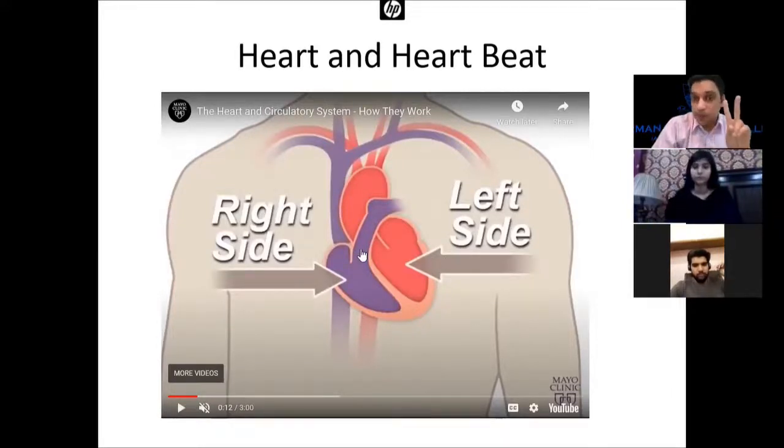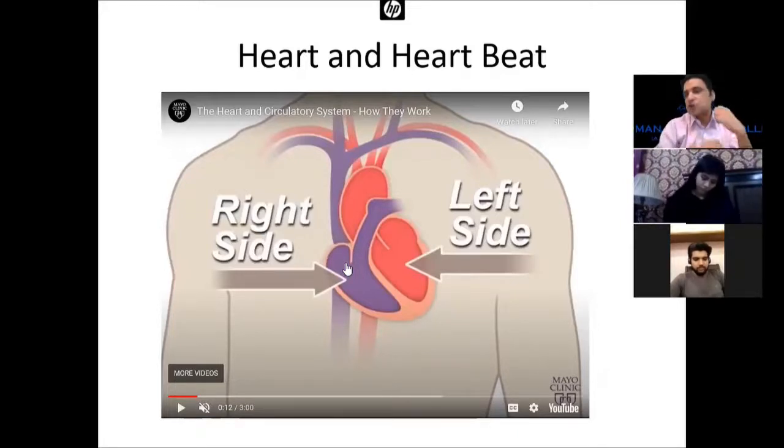They are two pumps which are working separately from each other. The right side pump is collecting and distributing the blue blood, the deoxygenated blood, the blood coming from all parts of the body. गंदा खून भी कहते हैं इसको. And if it is deoxygenated blood, it should go to where? It should go to the lungs, so that it can get rid of the carbon dioxide gas and receive oxygen.